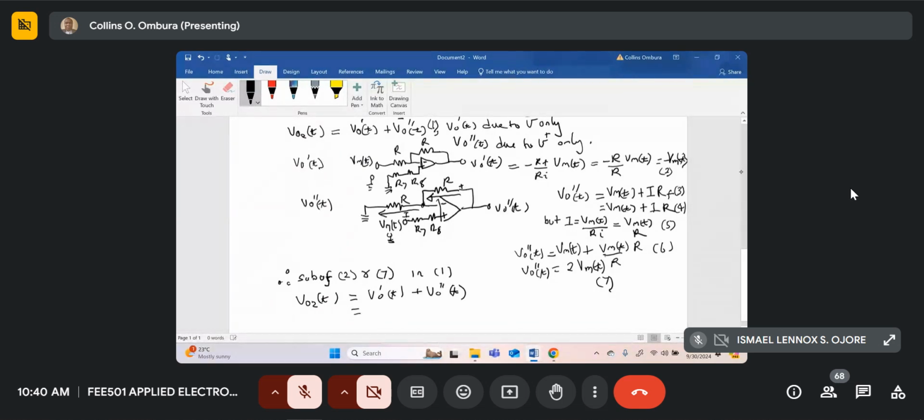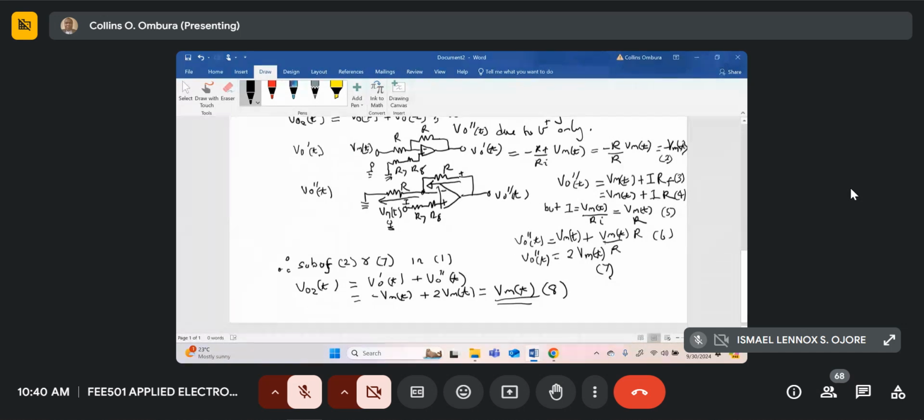And this is our minus Vm of t plus 2 Vm of t, which is equal to Vm of t. Let's call this equation 8.